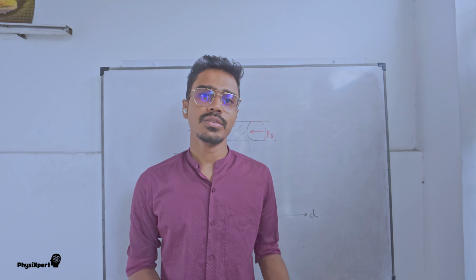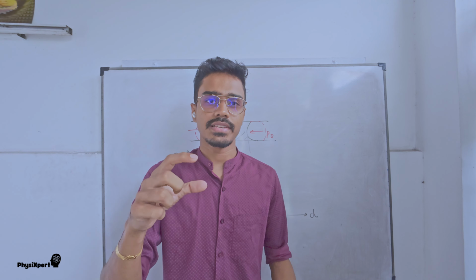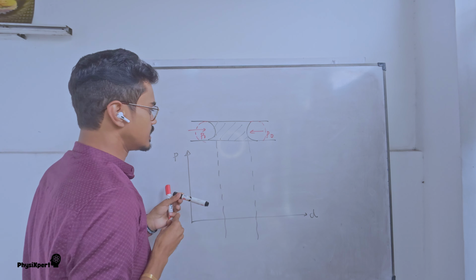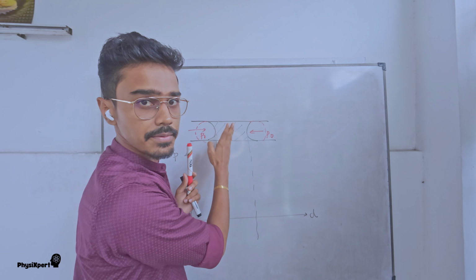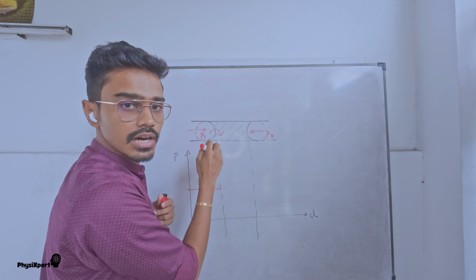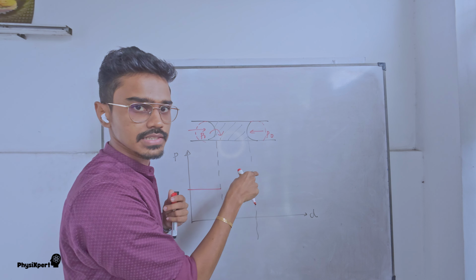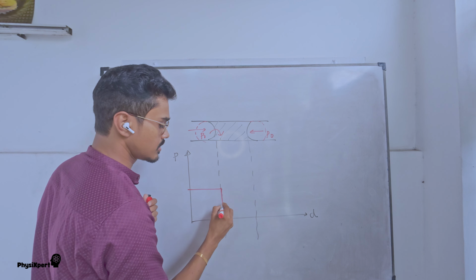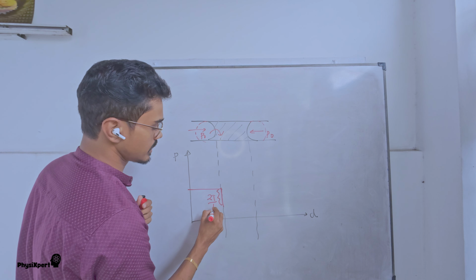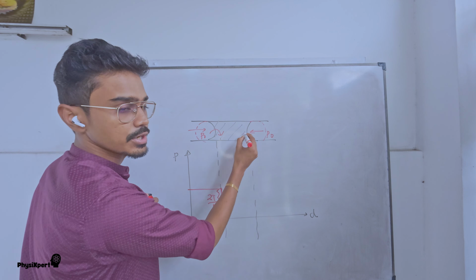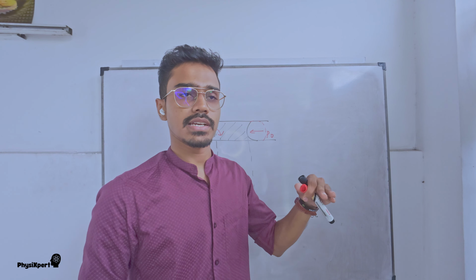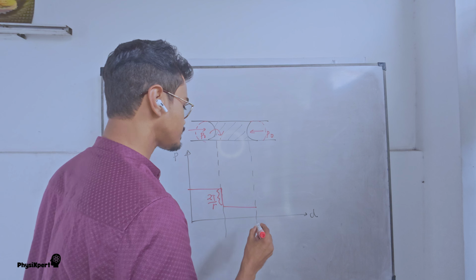The next thing you have to know is the variations of pressure. If the pressure difference across a liquid meniscus is known, we can plot the variations as well. Here this is atmospheric pressure, constant. At this point we are jumping out from the meniscus, minus 2T over R, so this drop is 2T over R. From here to here it is constant, because pressures at the same level of a liquid are constant.